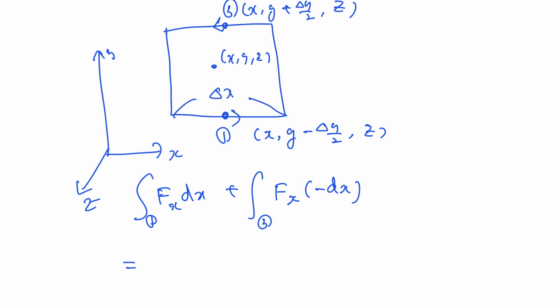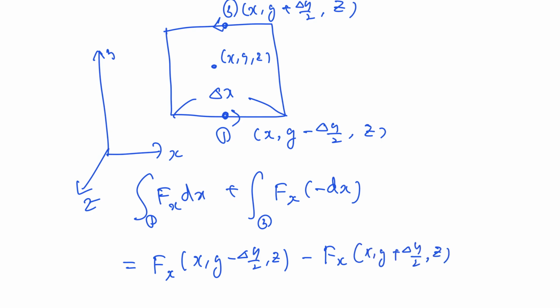So it can be simplified: f x, y minus delta y over 2, z minus f x, y plus delta y over 2, z, times delta x, right?